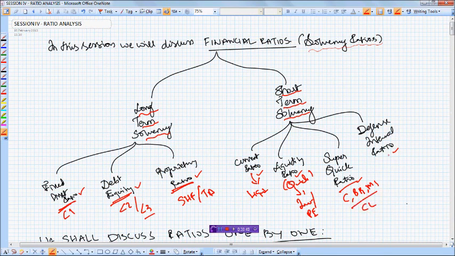This is a very conservative ratio. And the defense interval ratio is used for measuring how many days the company will be able to meet its operating expenses and other commitments without raising any additional funds, using its cash balance, bank balance, and marketable securities.